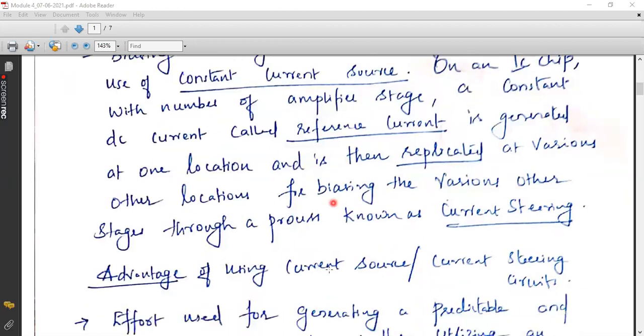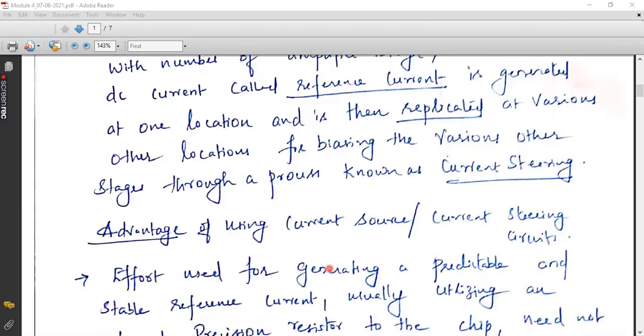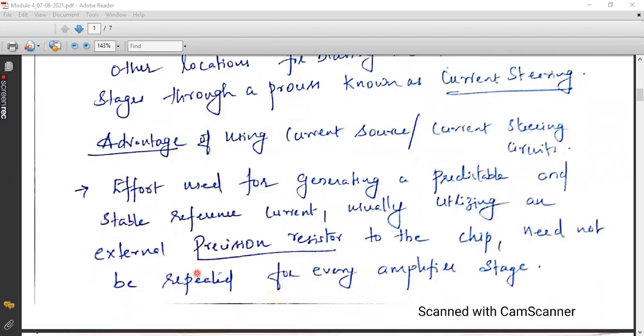Now, talking about the advantage of using this current source and current steering circuits, the effort used for generating a predictable and stable reference current, usually utilizing an external precision resistor to the chip, need not be repeated for every amplifier stage. Which means, for each amplifier stage, I need to generate a biasing current, right?